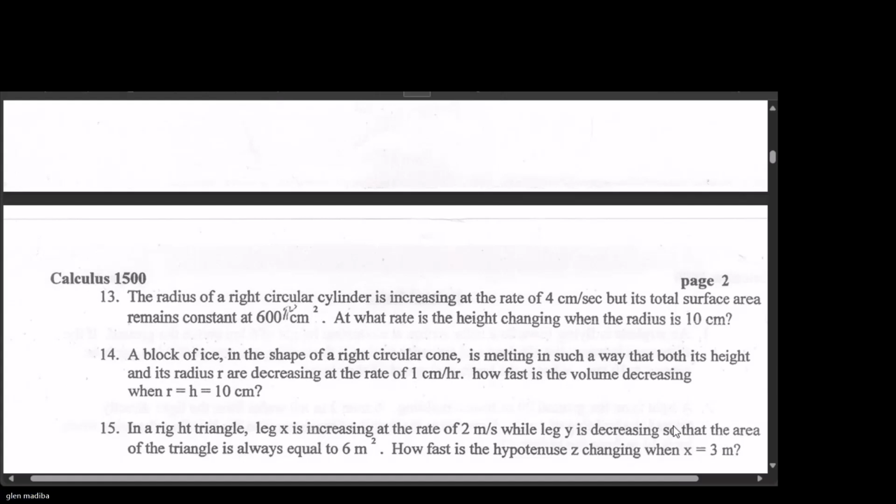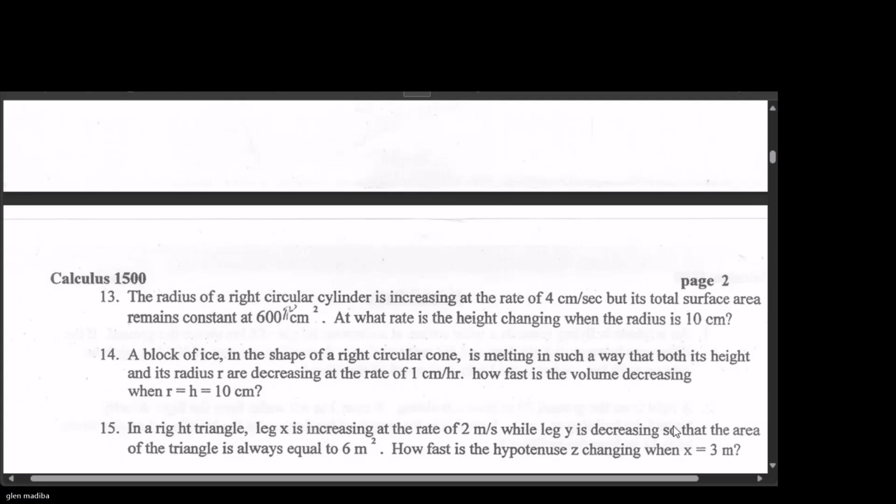Now when we differentiate with respect to the first one, which is x, we'll have dx over dt times y, plus, now differentiating with respect to y, we'll have x dy over dt, equals the derivative of 12, which is 0. So it will be y dx over dt plus x dy over dt equals 0.